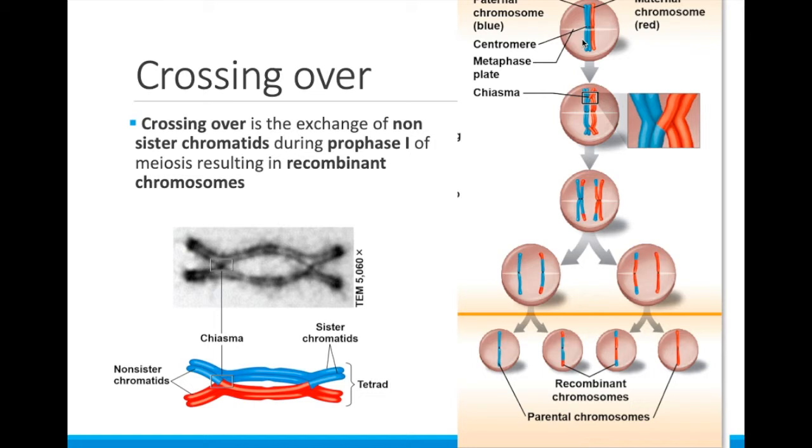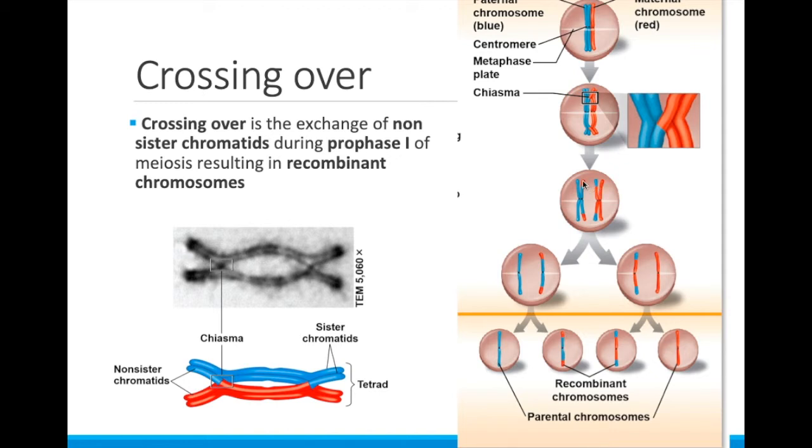So in the picture on the right, you can see this pair of homologous chromosomes. The blue is from dad, the red is from mom. During prophase 1, pieces of the blue and pieces of the red legs overlap each other and make kind of like an X. Then those pieces of chromosomes break off and reattach to the other side.